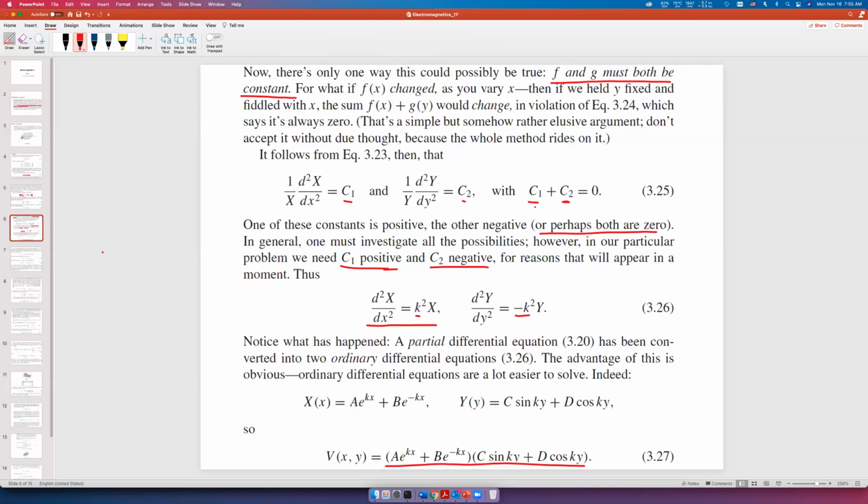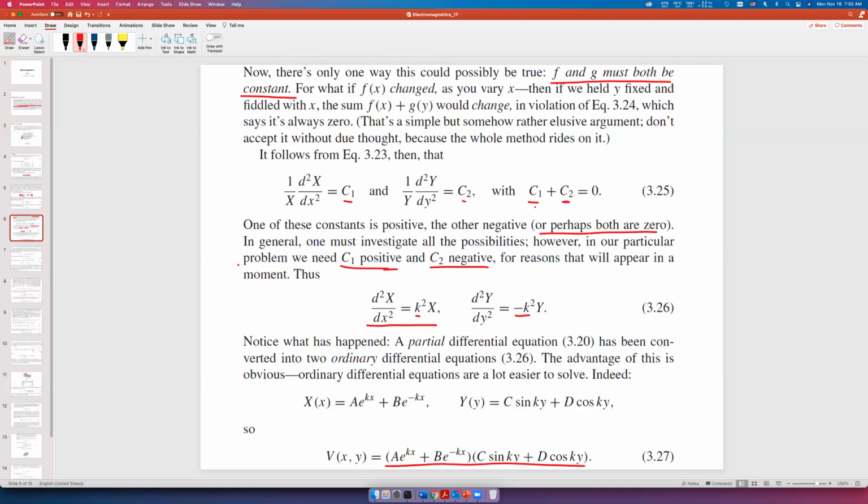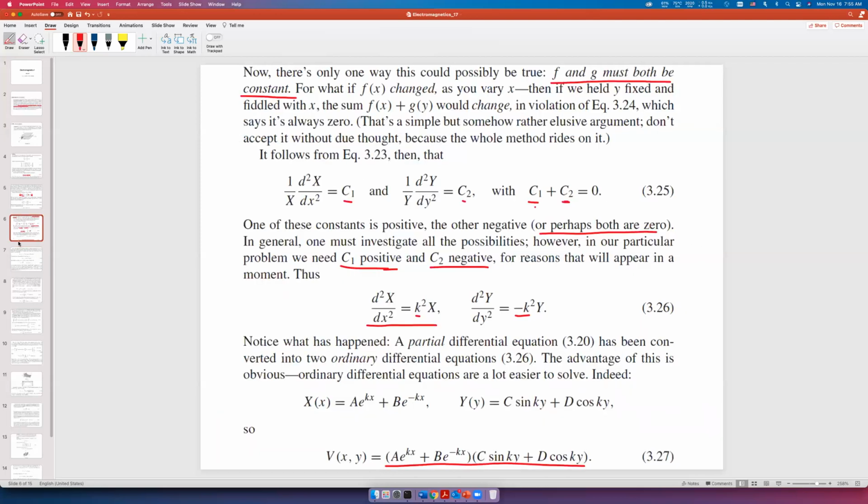I'll leave these detailed derivations to you. You can read the book and find out how the solution finds the constants one by one. So now you have so many constants, A, B, K, C, and D. And the general idea is finished.